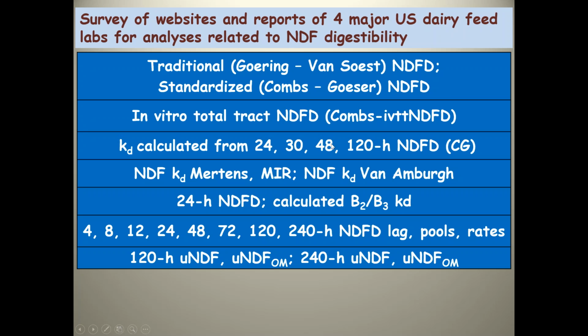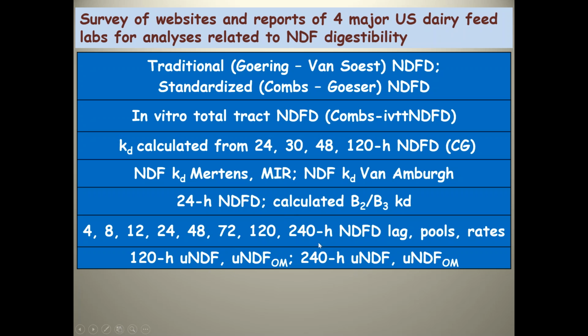And you'll see bits and pieces of most of these on a lot of the different reports, whether it's Rock River and Dairyland Labs or Cumberland Valley or Dairy One. And then finally at the bottom is this concept of uNDF. Some will say iNDF, but for all practical purposes, they're really the same thing.